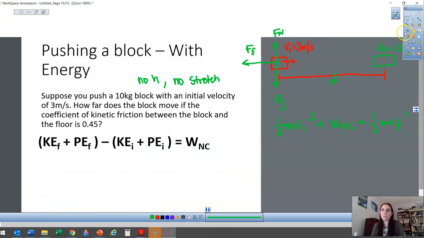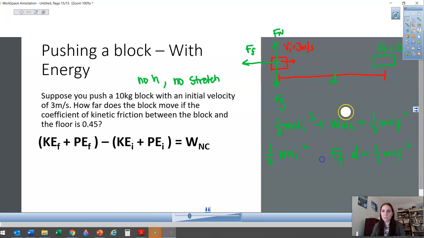Okay. So with that said, work is done by friction, so this will be one half m v initial squared plus force friction times d equals this, like that. Now, remember, friction is going to be a negative force because it's going to take away energy.